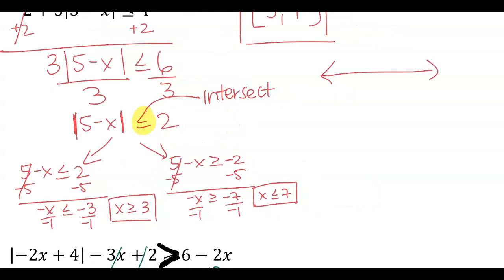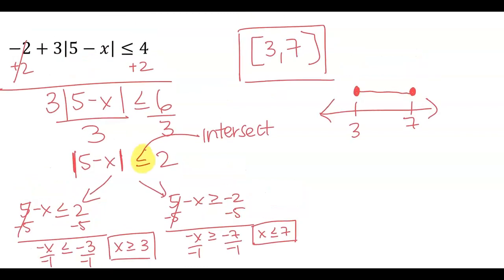We're going to have 3 and 7. x is going to be greater than or equal to 3, so we're going to shade this way. And x is going to be less than or equal to 7, which means it's going to be shading this way. Yep, they both overlap. So I'm just going to re-graph that to make it a little nicer. That is how I got 3 to 7. And that's a bracket over here. This is a bracket.